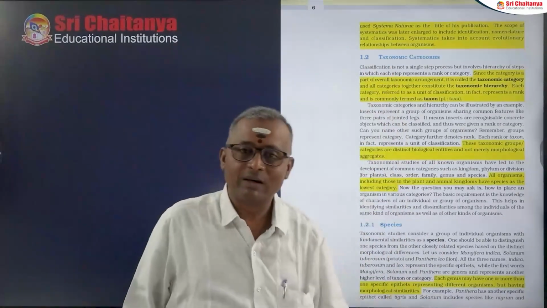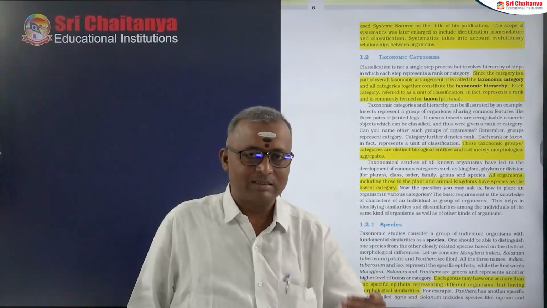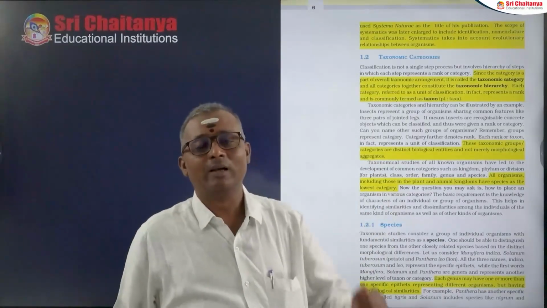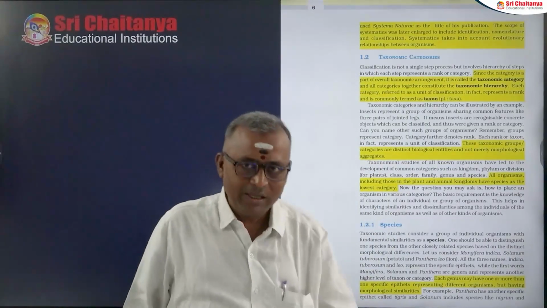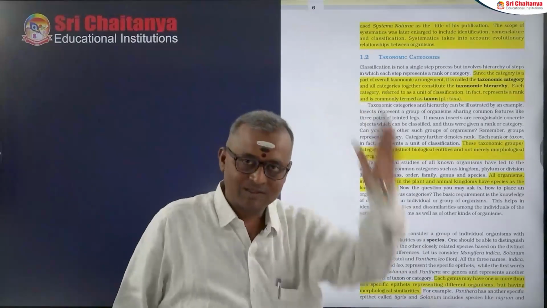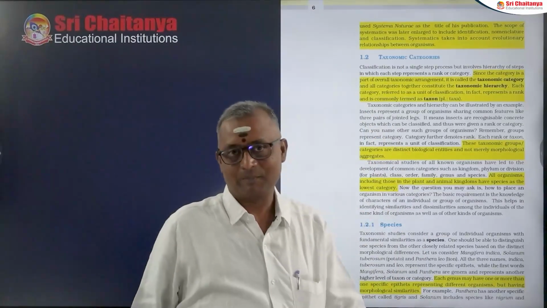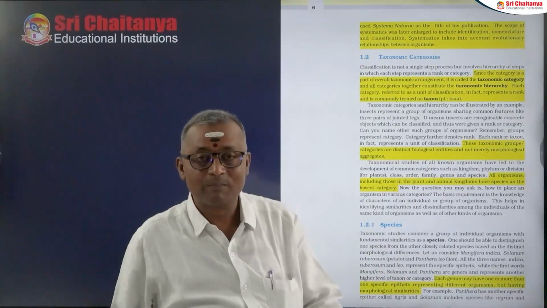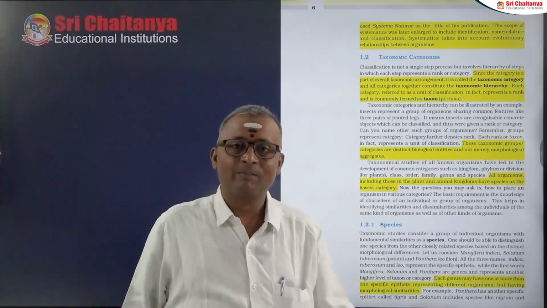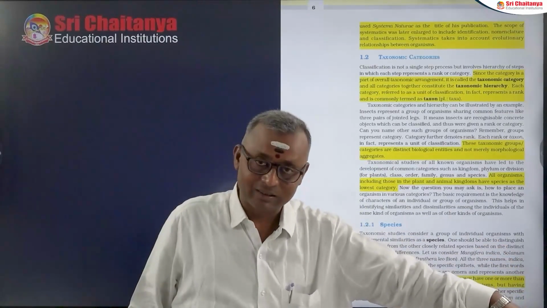Like this we have different categories. Each category is a part of the overall taxonomical hierarchy. Coordinator or vice principal is a part of the system of hierarchy. So it is a taxonomical category.